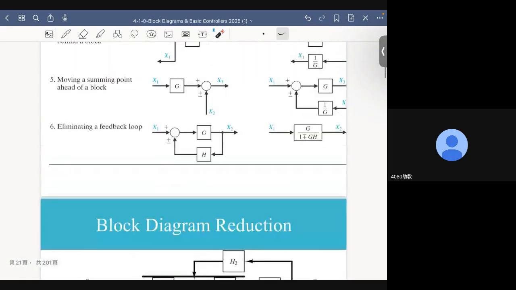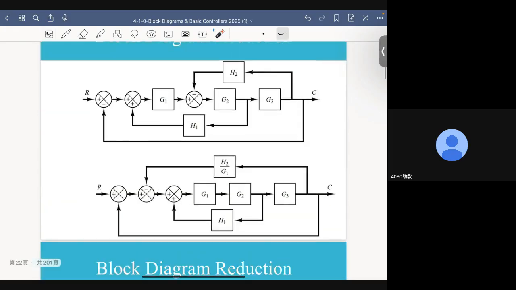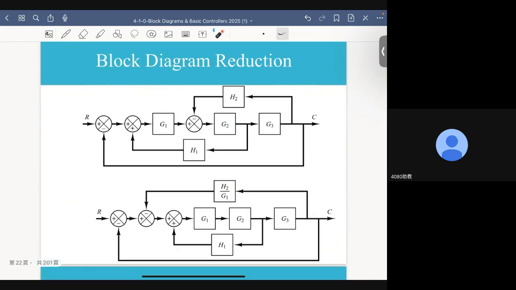We cannot just directly use these transformation techniques. But what we can do is, instead of the feedback loop here, you can move it one step further to here, right?